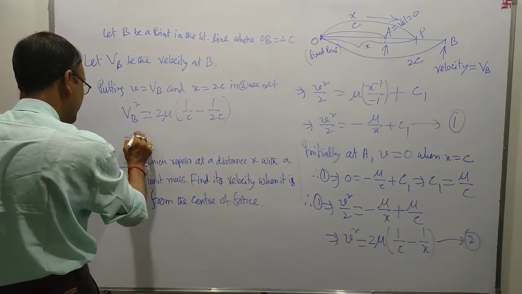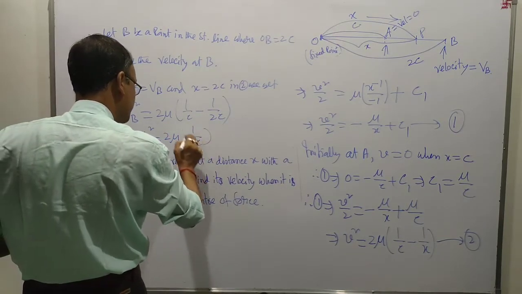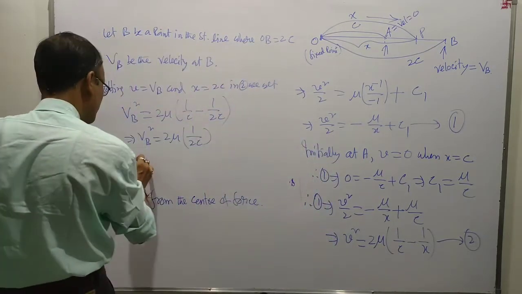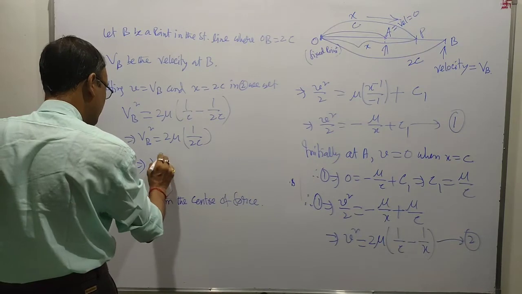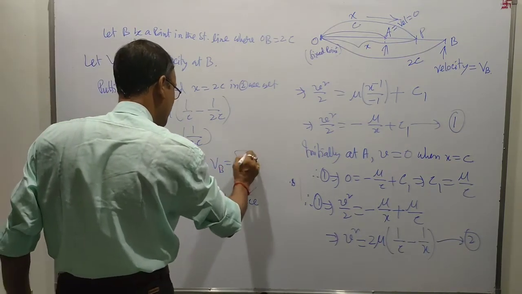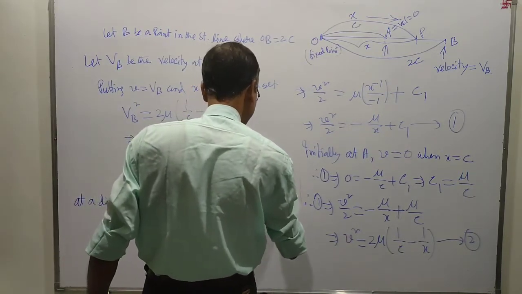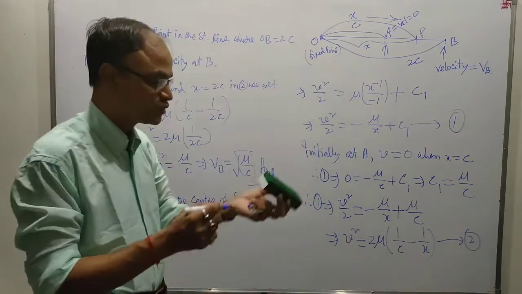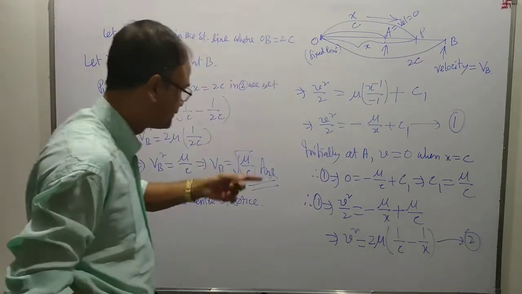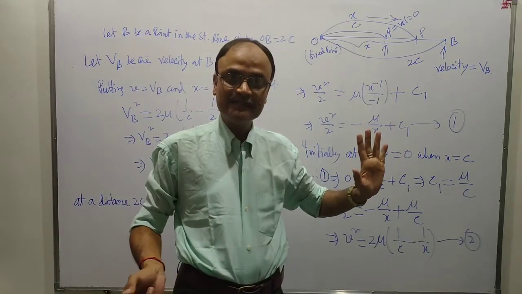This means VB square equal to twice mu into 1 by twice c. This means VB square equal to mu by c. This means VB equal to root over mu by c, which is the required velocity of the particle when it is at a distance twice c from the center of force, right?